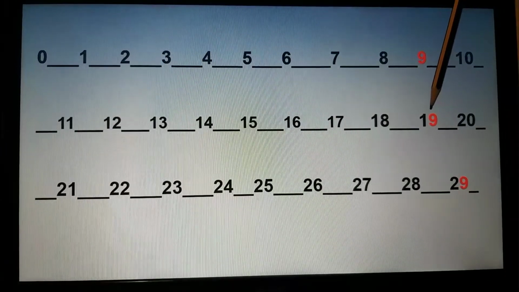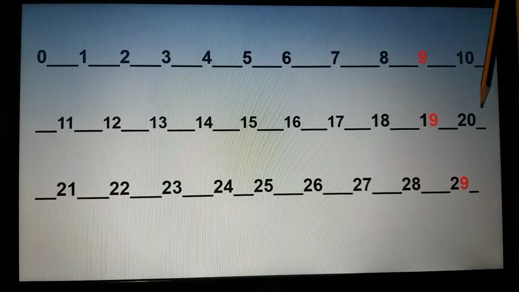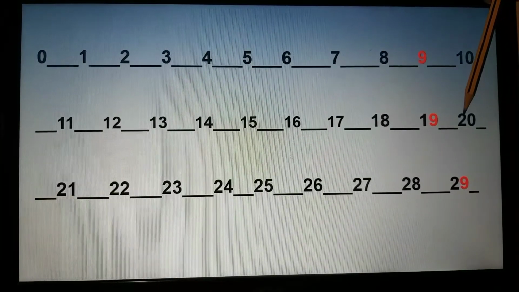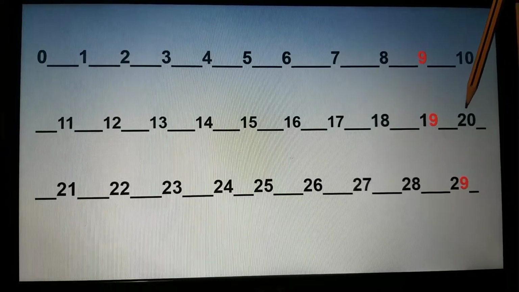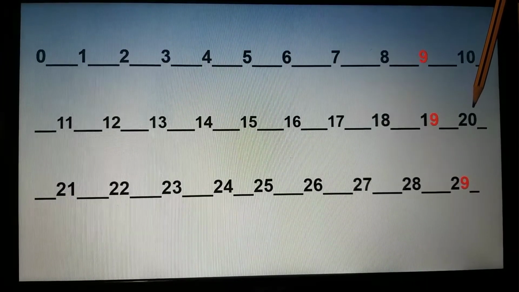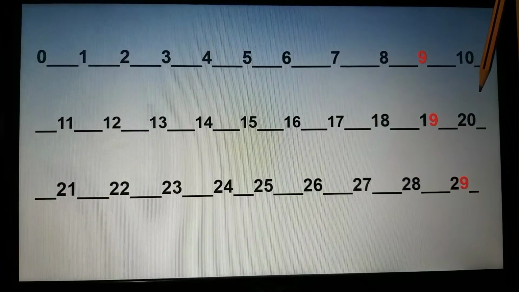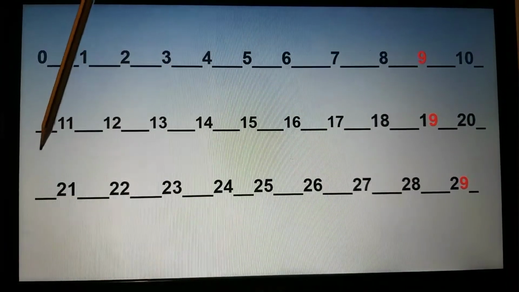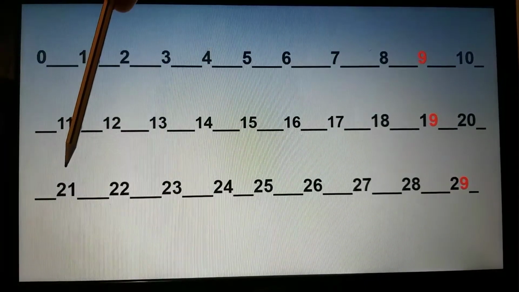When we add 1 more to 19, these units, this 9, becomes 0 again, and the value in the left column changes to 2. This is 2 tens now, and we have to carry this 2 tens for the next 9 additions.